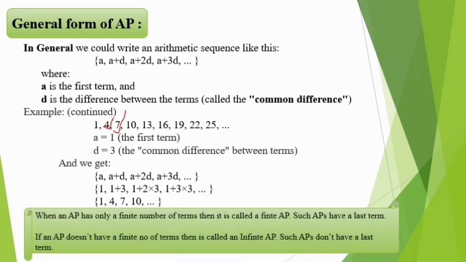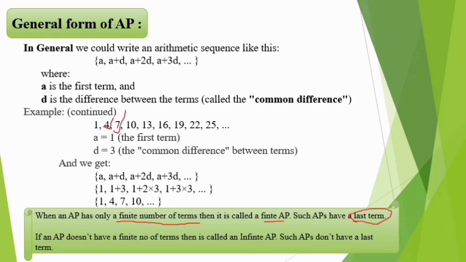Now some note points. When an AP has only a finite number of terms, it is called a finite AP. Such APs have a last term. If it is finite, we will know where the series ends, meaning we will know its last term.